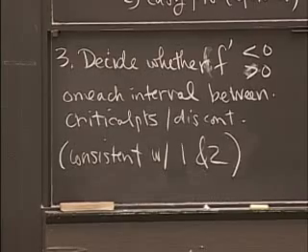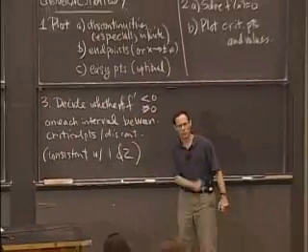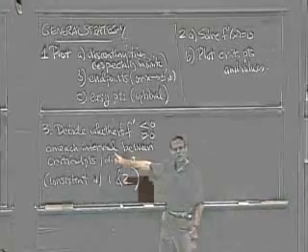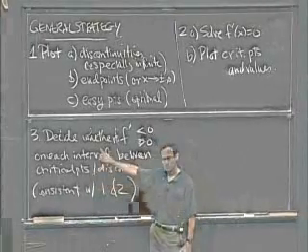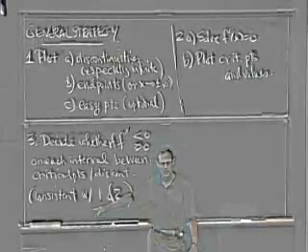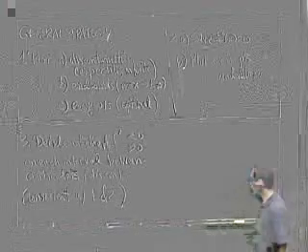In fact, if you can succeed in doing steps 1 and 2, you'll never need step 3. All it's doing is double checking. Okay? So if you made an arithmetic mistake somewhere, you'll be able to see it.